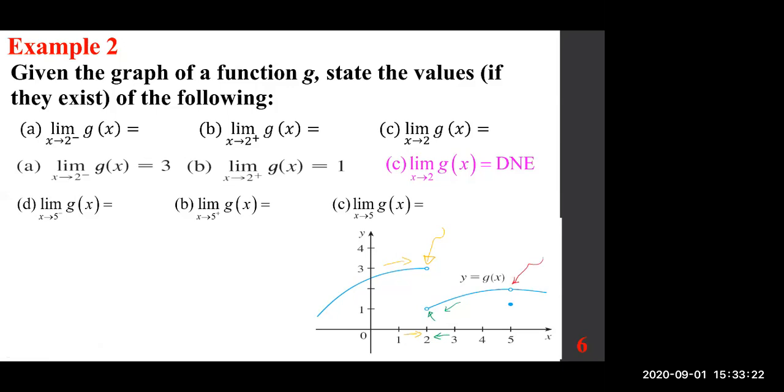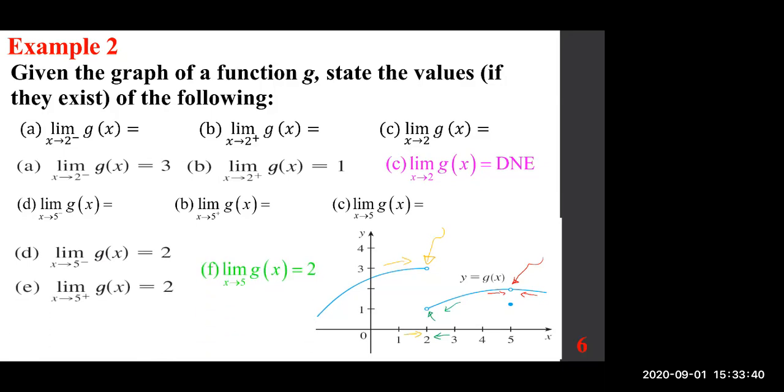In both cases, from the left and from the right, we are heading towards the same point, that hole which has y coordinate 2. Therefore, the limit exists and it is equal to 2. The limit of g of x as x approaches 5 equals 2. I hope it's clear to everybody.